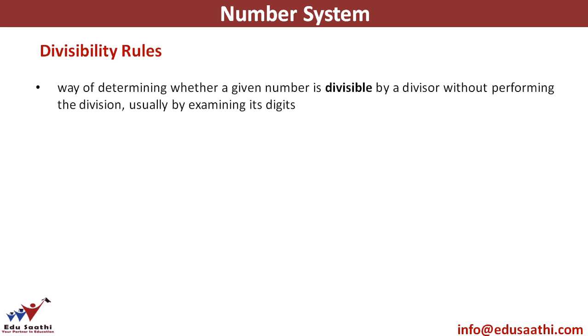Divisibility rules also help us in finding the remainder if the number is not divisible. If it is divisible, the remainder would be 0. If it is not divisible, the remainder would be obtained by applying the divisibility rule.